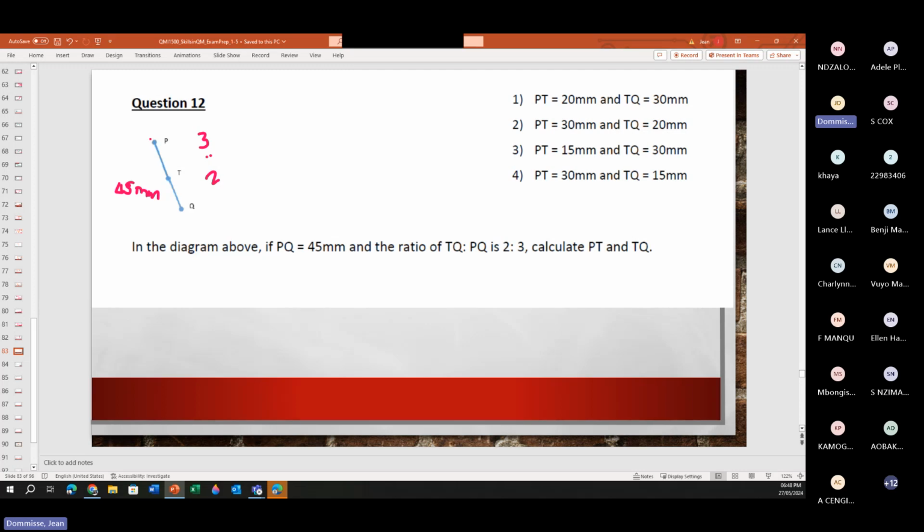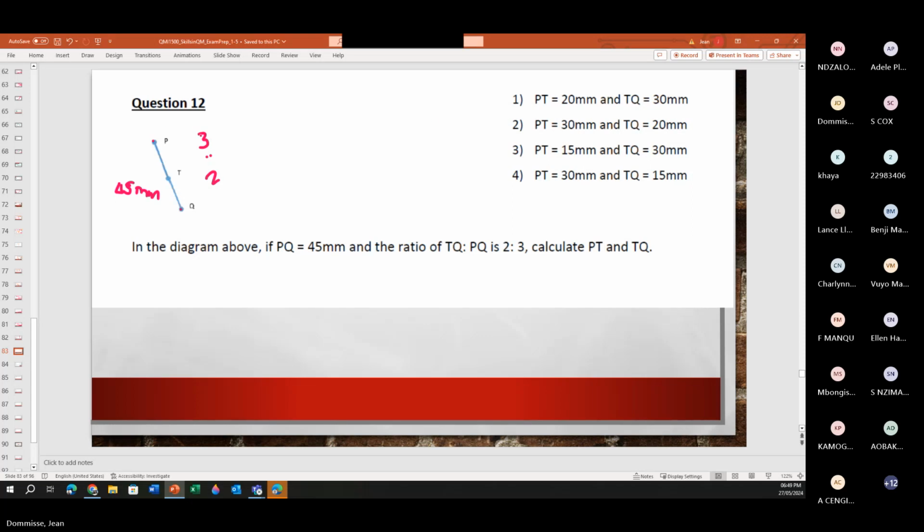Calculate the length of PT and TQ. Okay, so let's first look at some of these answers. So we know that length is 45. Okay, so nothing can change there that it now suddenly is becoming shorter or longer.